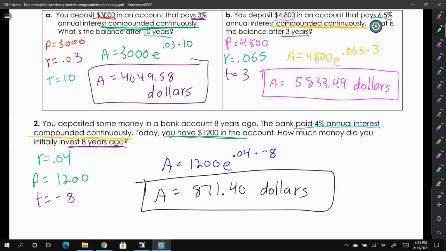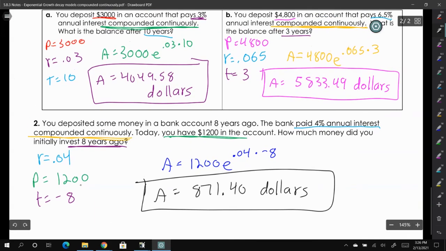If we don't see the word compounded at all, and something just grows by 6.5%, we use the traditional exponential growth or decay formula, A equals P times 1 plus R to the T power.